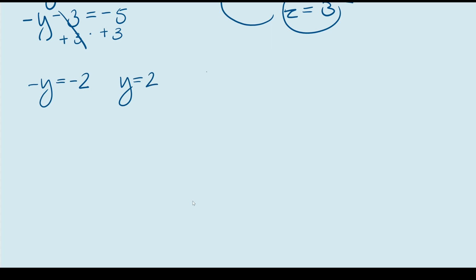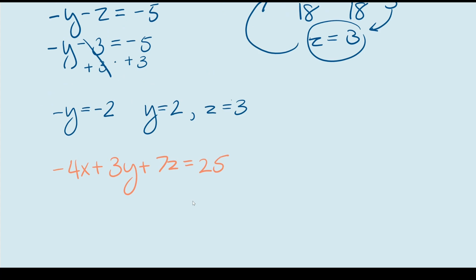Okay, so now we have y equals 2 and z equals 3. Now we can plug that back into the original system of equations to find x. So I'm going to go ahead and rewrite equation 1 from the original problem that we had. And now we know that y is equal to 2 and z is equal to 3. So let's go ahead and plug in those values.